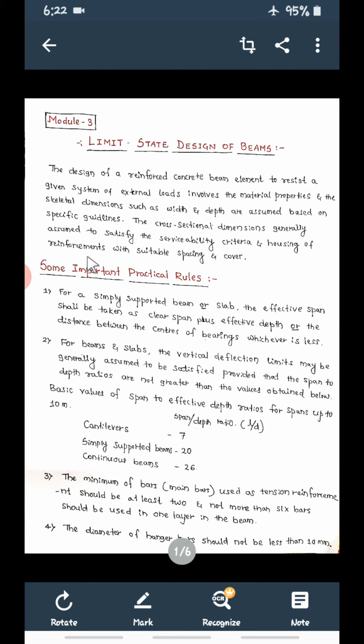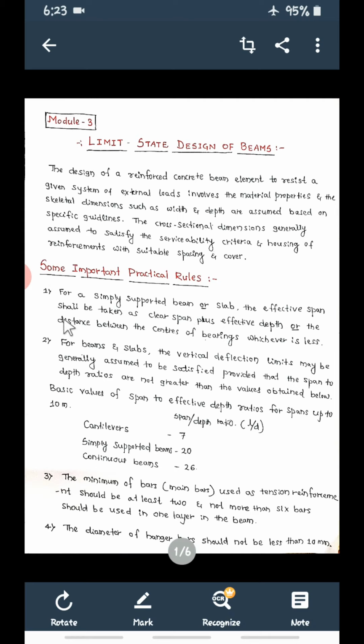First, a beam may be a simply supported beam, a cantilever beam, or a continuous beam. So there are three possibilities. Now for a simply supported beam or a slab, the design is almost the same.